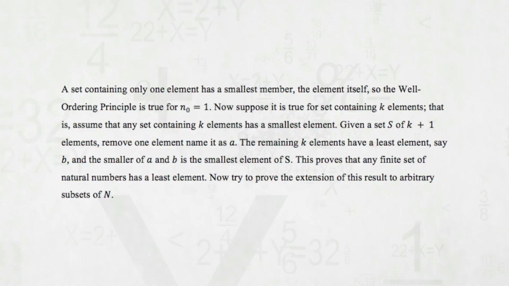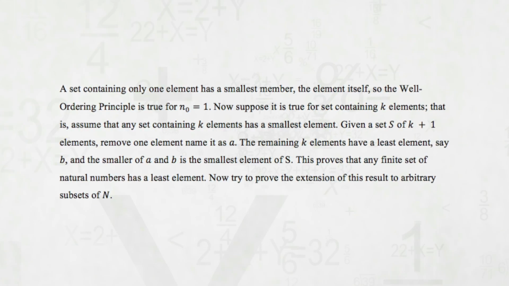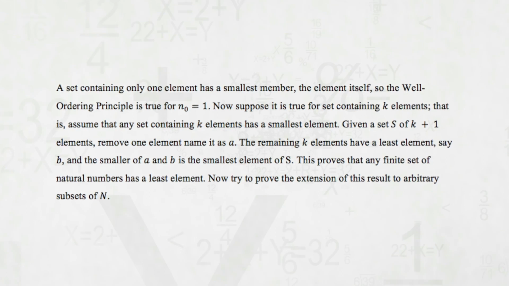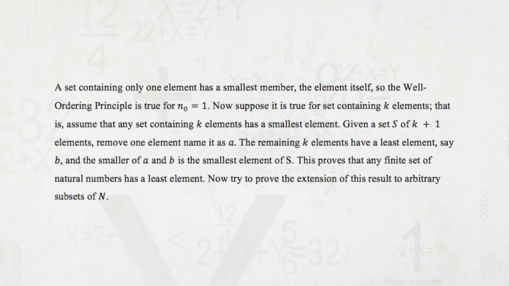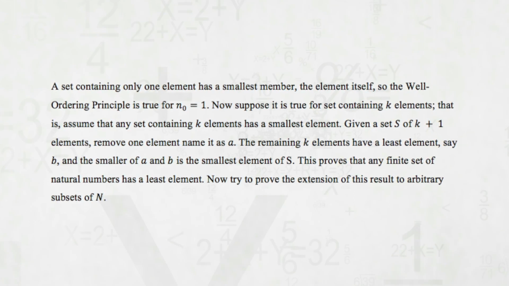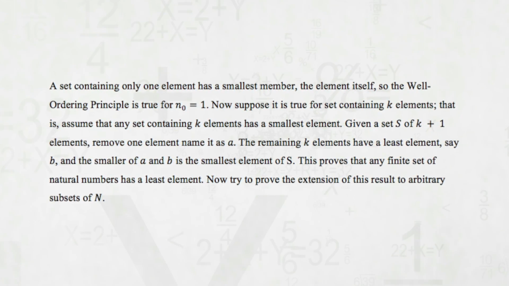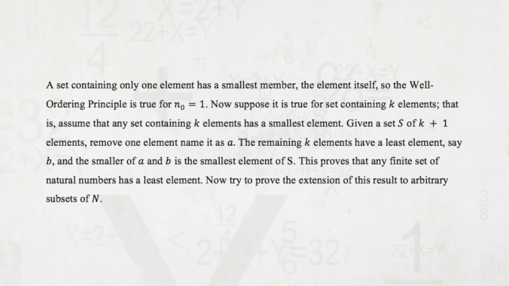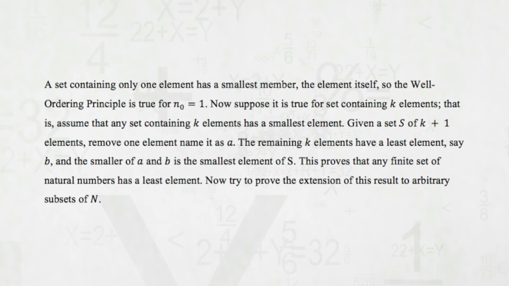We conclude this session by discussing the equivalence of the two principles of mathematical induction and the well ordering principle. A set containing only one element has a smallest member, the element itself, so the well ordering principle is true for n naught equal to 1. Now, suppose it is true for a set containing k elements, that is, assume that any set containing k elements has a smallest element.